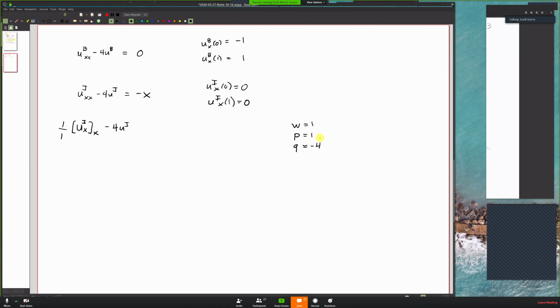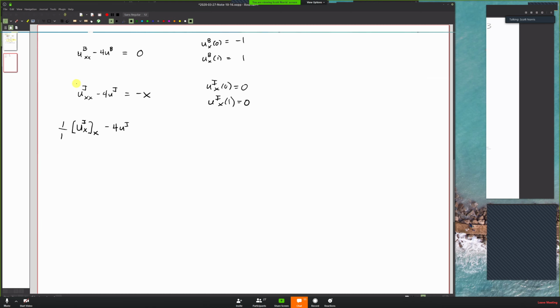Okay, and so here's a case where p is positive throughout the domain, q is negative throughout the domain, and so we're guaranteed to have only positive eigenvalues. And so that's a good thing to just have filed away. Can save us some time.